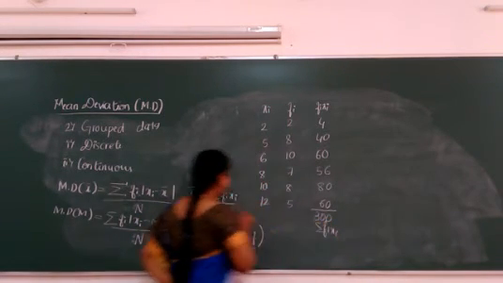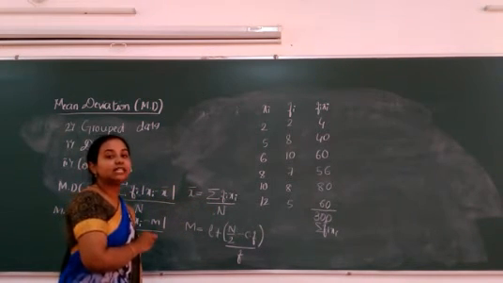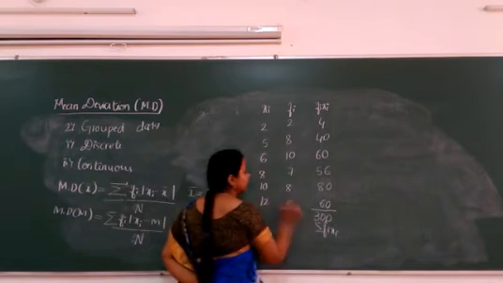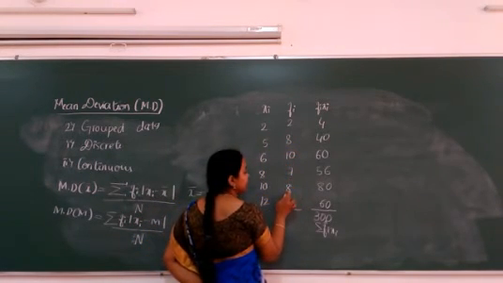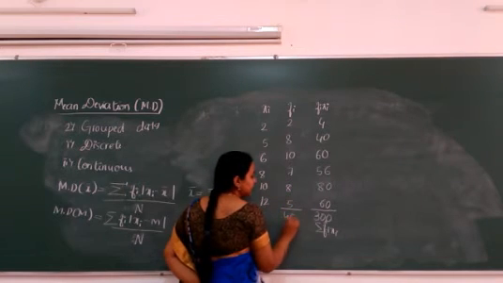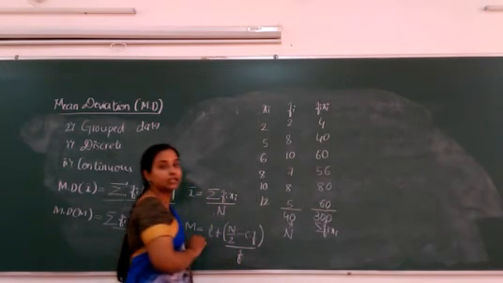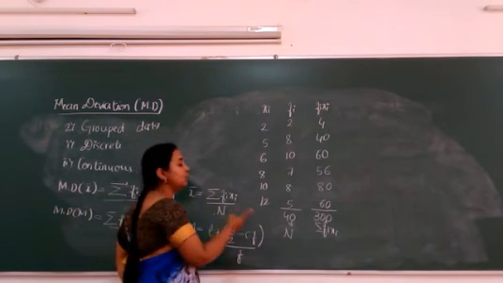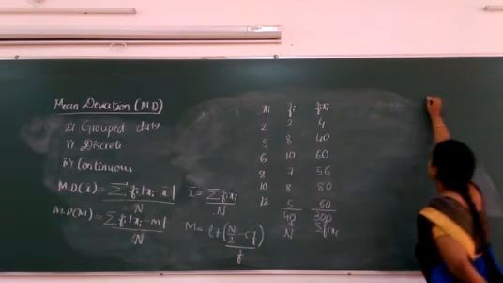Next we want capital N, the total of the frequencies. So 10, 20, 27, then 35, and finally 40. This is capital N, the total frequency. Now we know both. Let us calculate the mean.